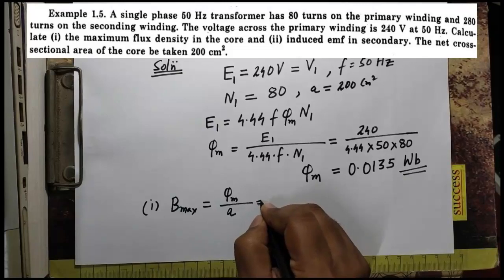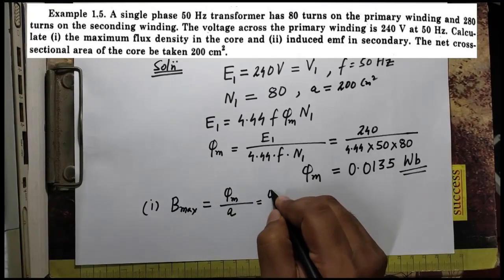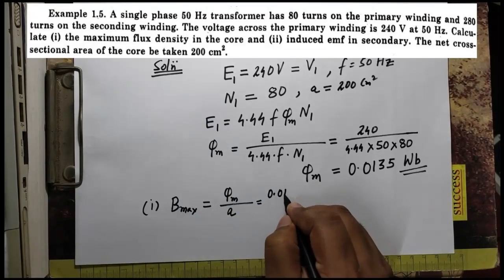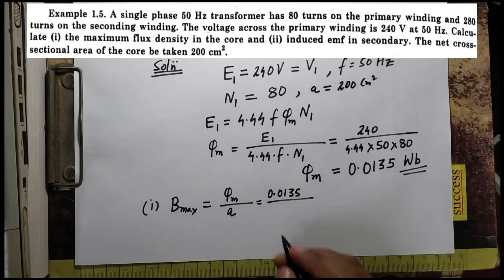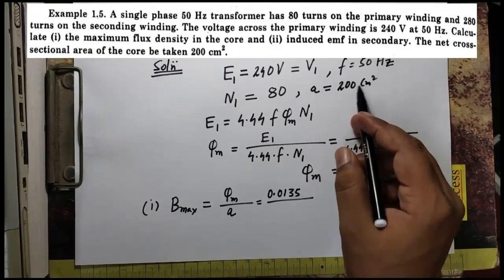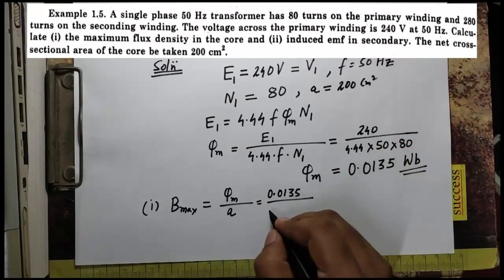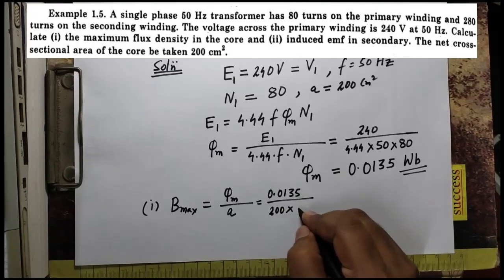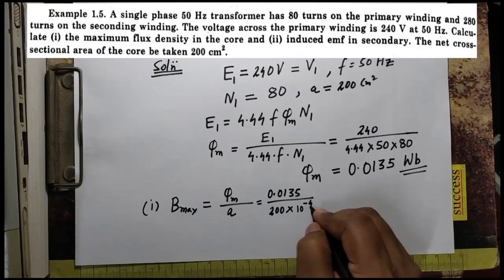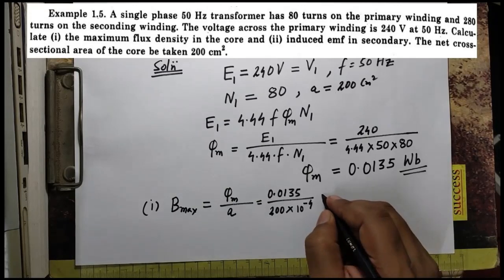So phi max by A. Now write the value of phi max, 0.0135, divided by the value of A. A is in square centimeter, so we have to convert it into meter square. It will be 200 multiplied by 10 to the power minus 4.